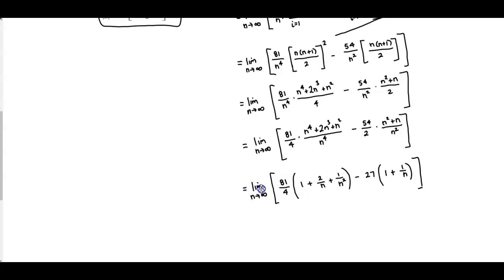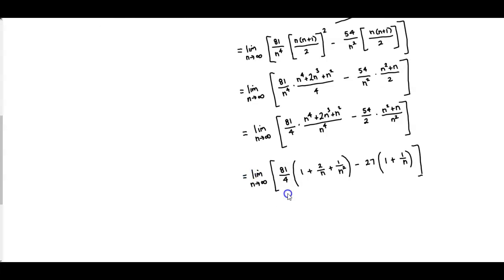Okay, so now let's go ahead and evaluate this limit. We have 81 over 4, and the limit as n approaches infinity is going to give us 1 plus 2 over infinity, which is 0, plus 1 over infinity, which is 0, minus 27 times 1 plus 1 over infinity, which is going to give us 0.